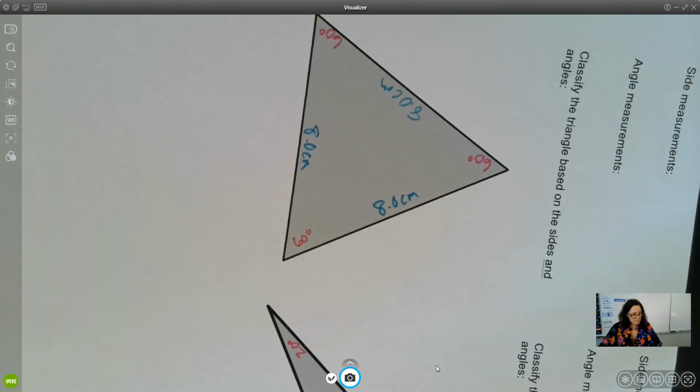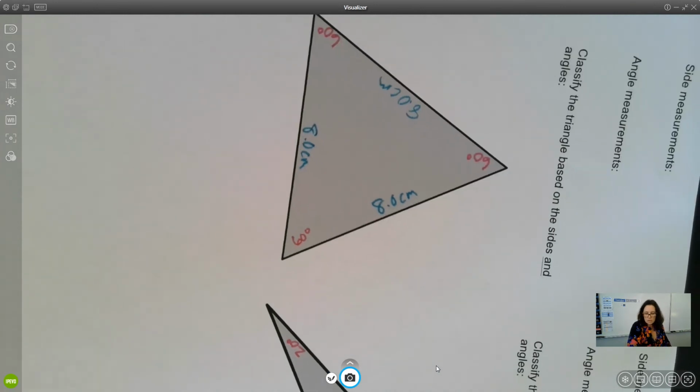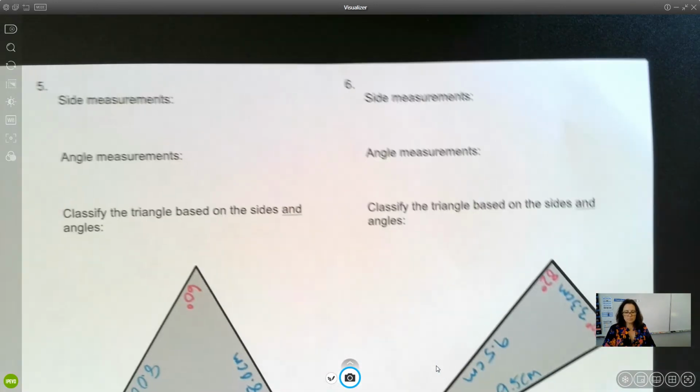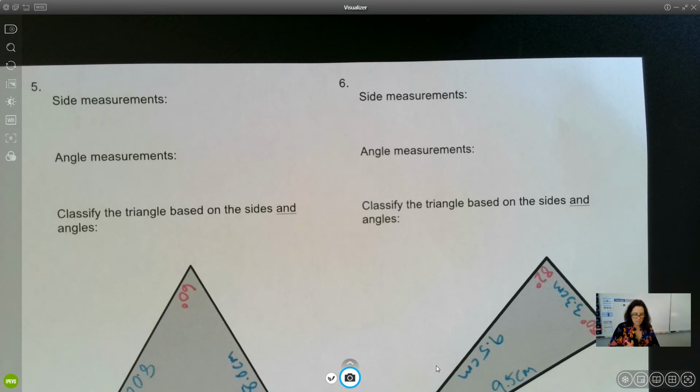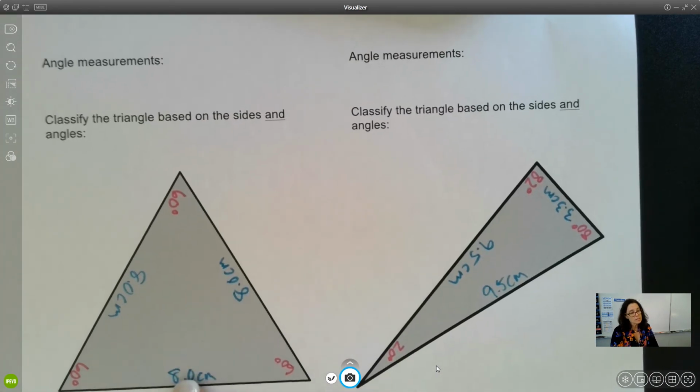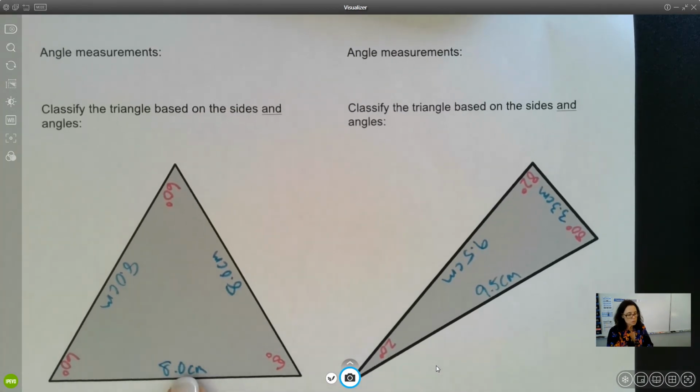All right, let's classify these. This one is going to be acute because these are all smaller than 90, and it's equilateral. This one's also isosceles because it has at least 2 equal sides, but we always want the best, most specific.